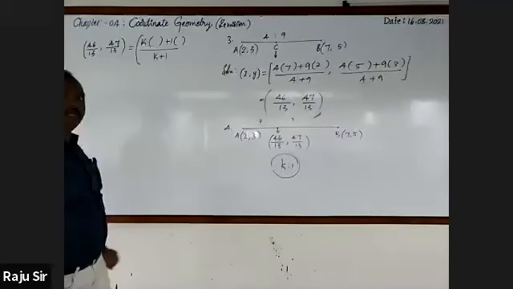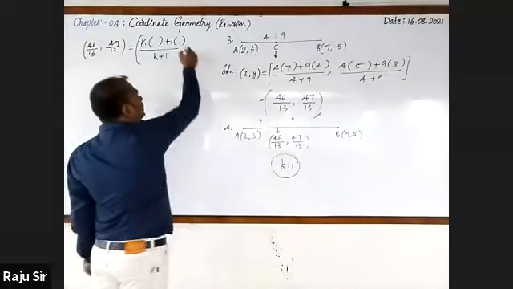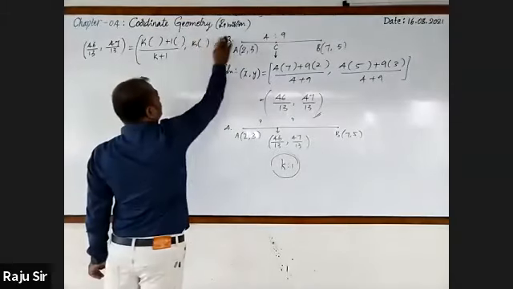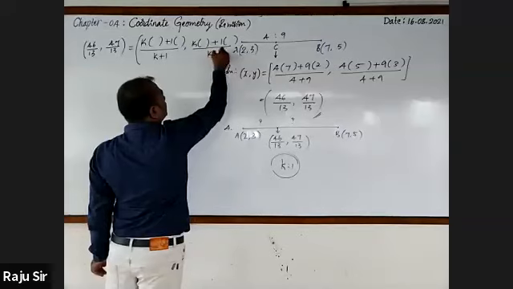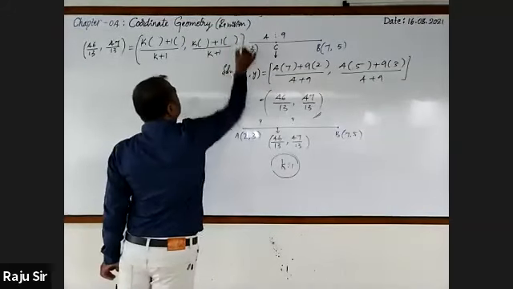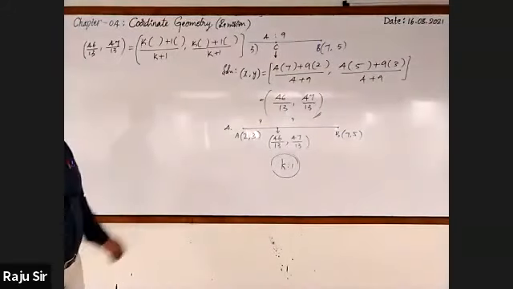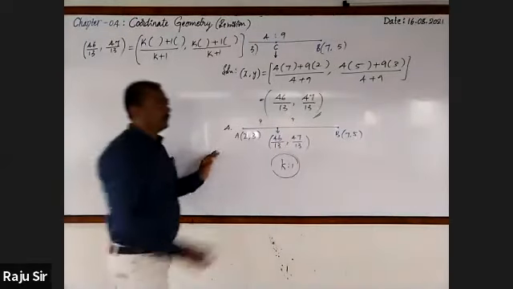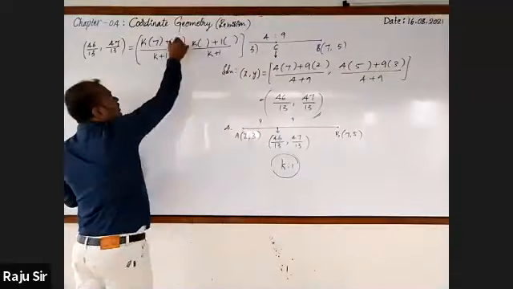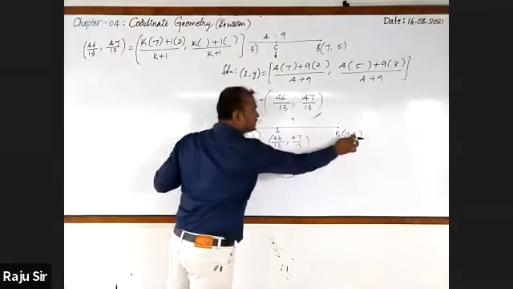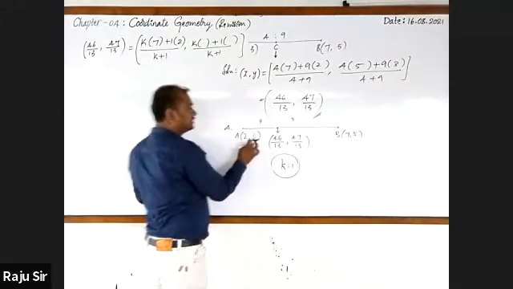Mithun Swami, are you writing? Then (K into y2 plus 1 into y1) by (K plus 1). Then take substitution: x2, x1 and y2, y1. Here, 7 and 2. y2 is 5, y1 is 3.